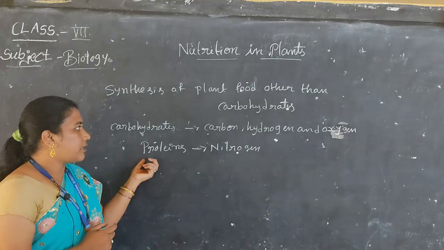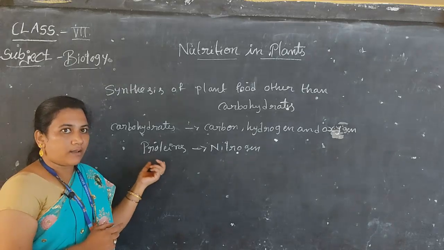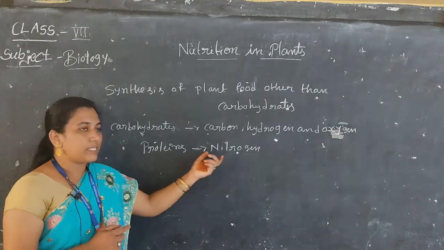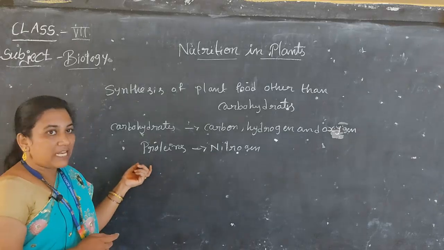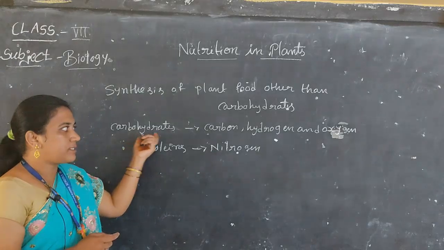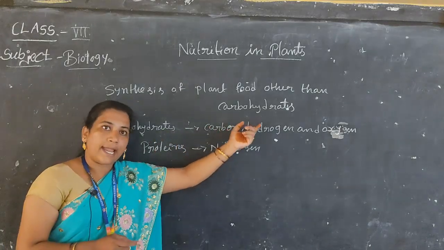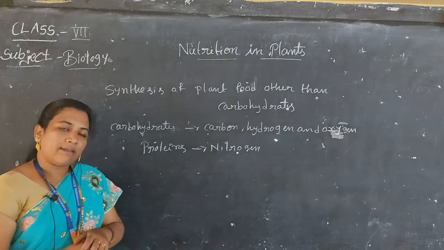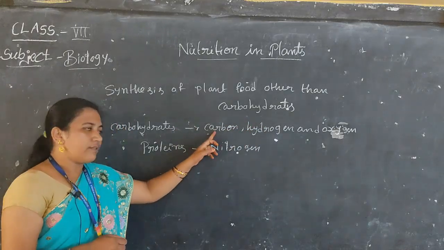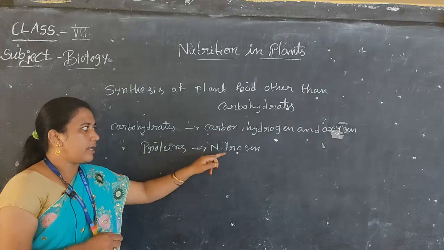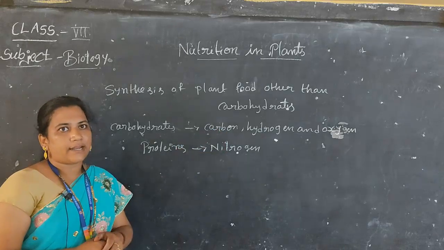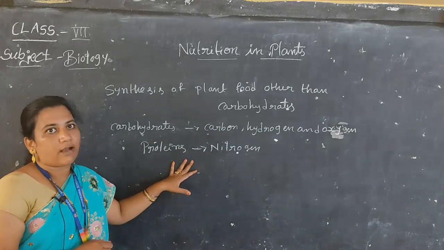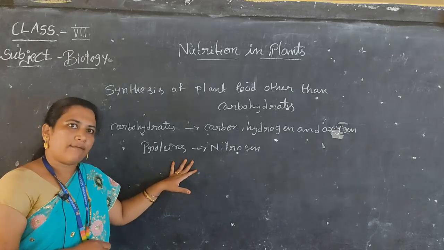What is the major element present in proteins? Nitrogen. What are the major elements present in carbohydrates? Carbon, hydrogen and oxygen. In fats also, mostly carbon, hydrogen, and oxygen are present. They are helpful for our body growth and development.